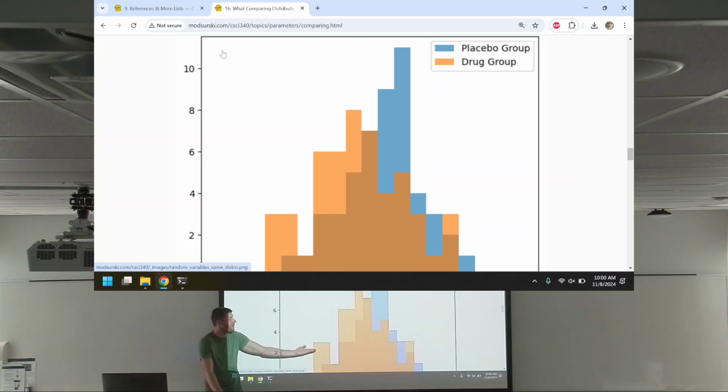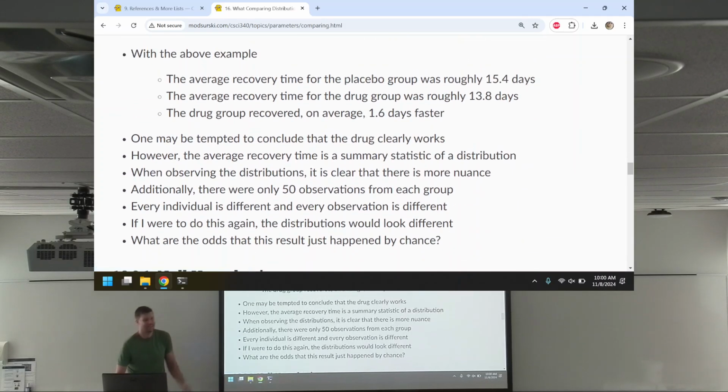I took 50 people, there's the distribution, took another 50 people, here's the distribution. By dumb luck, that's the recovery times of the two groups. The average recovery times are this. That was just dumb luck. The actual drug had no effect. Cool? And if that's the case, it should not have mattered if I gave you a placebo or not.